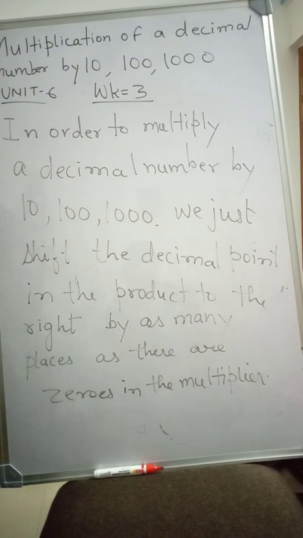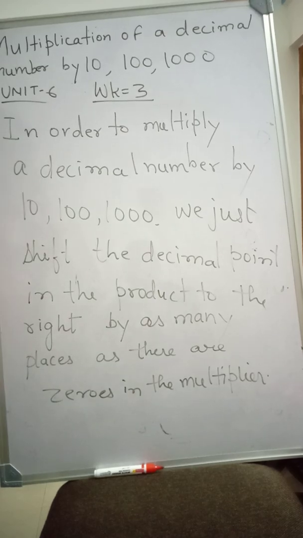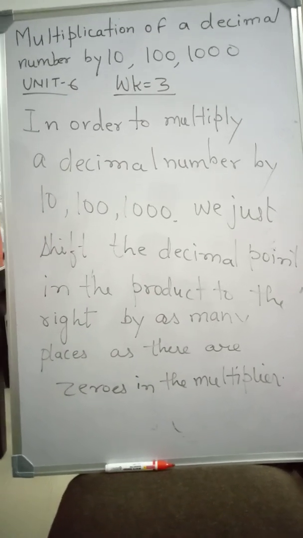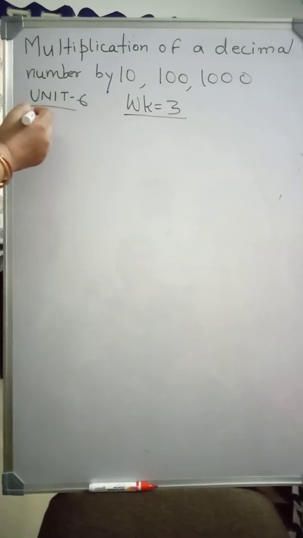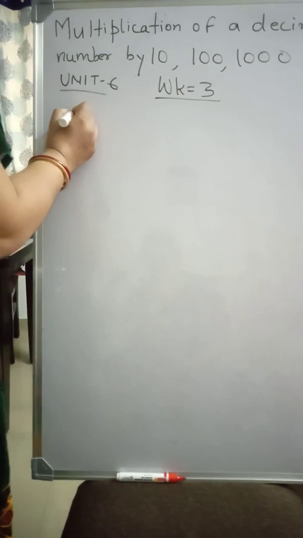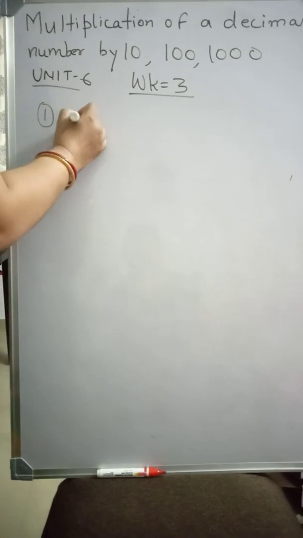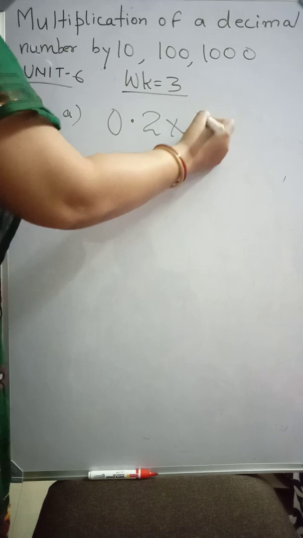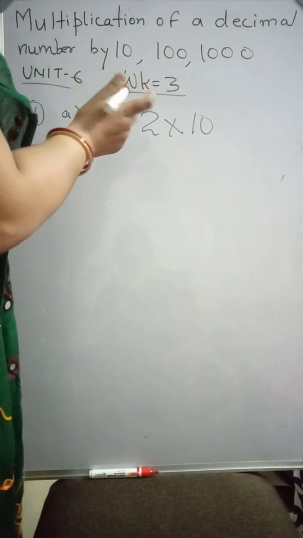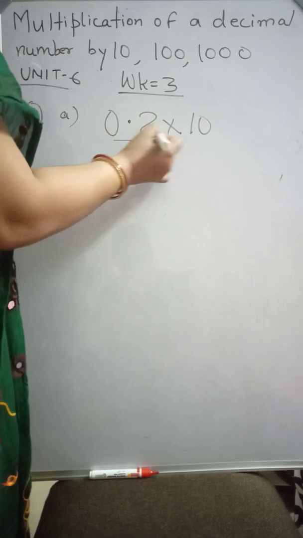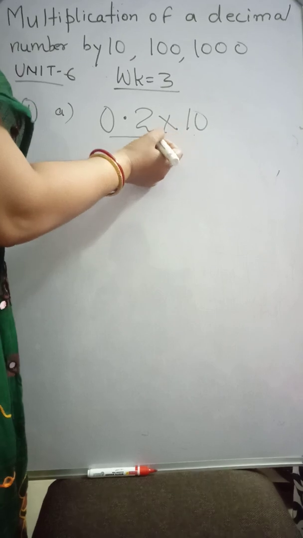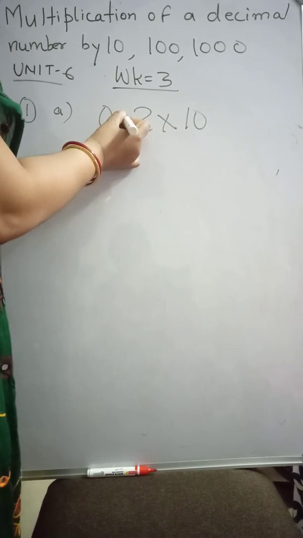So now let us come to worksheet number 3, question number 1a. 0.2 into 10. So here what I have told you is that in order to multiply a decimal number by 10, 100 and 1000, we just shift the decimal point in the product.